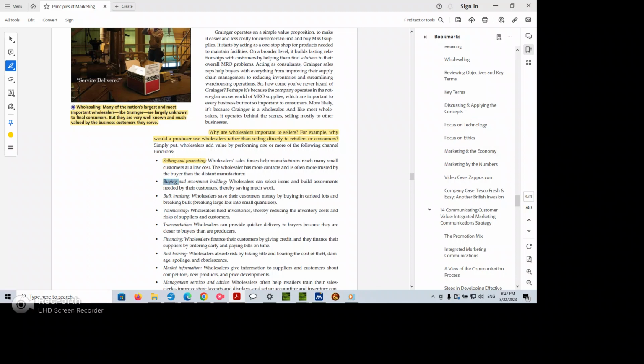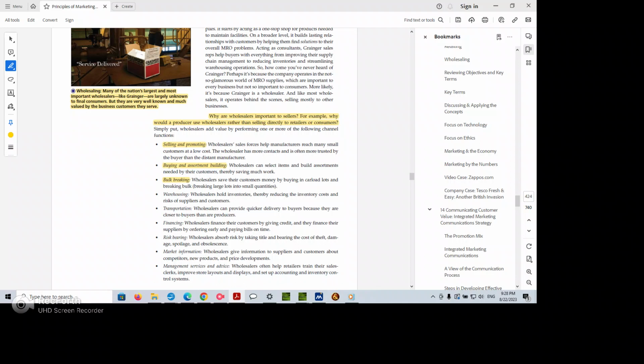Number two, in terms of buying and assortment building, wholesalers can select items and build assortments needed by their customers, thereby saving much work. The third thing is bulk breaking. That is, wholesalers save their customers money by buying in carload lots and breaking bulk, which is breaking large lots into small quantities.